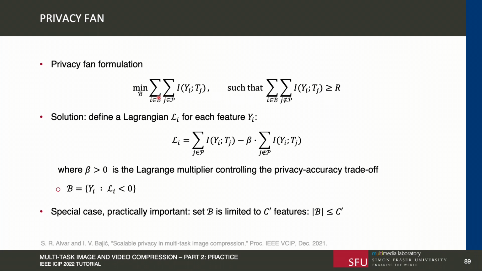So it's an optimization problem whose goal is to identify this set B of features that satisfy this logic. And it can be solved using Lagrangian methods by formulating a Lagrangian that's applicable to each of the features.